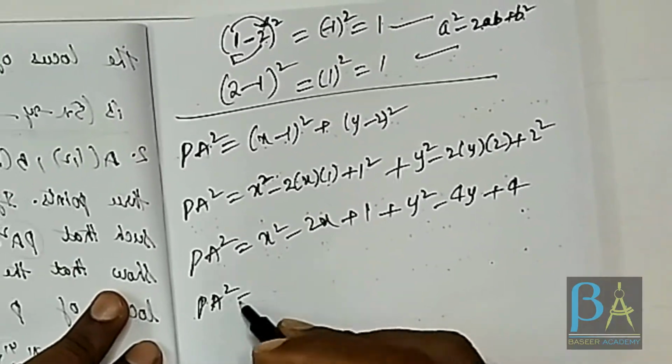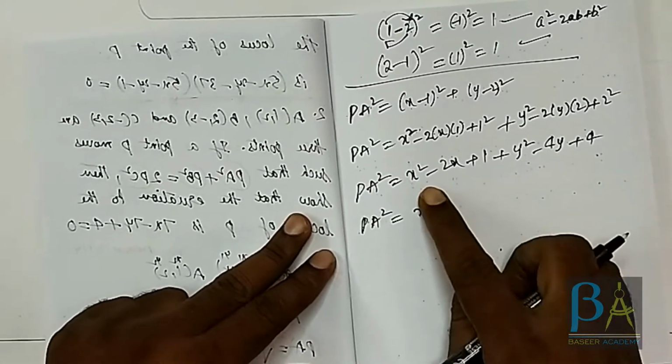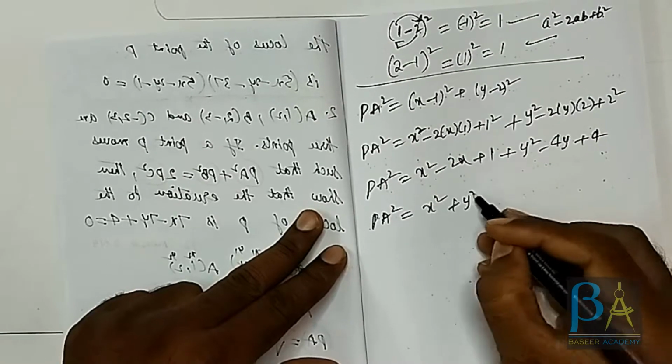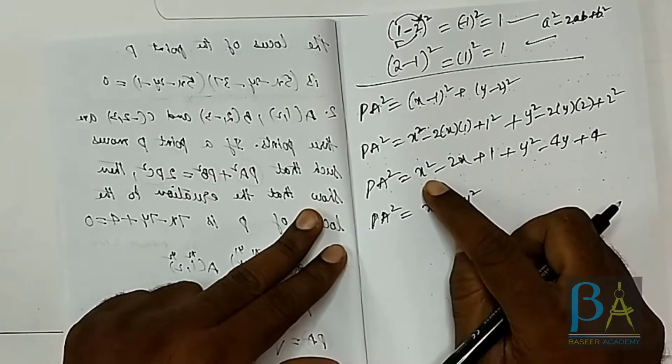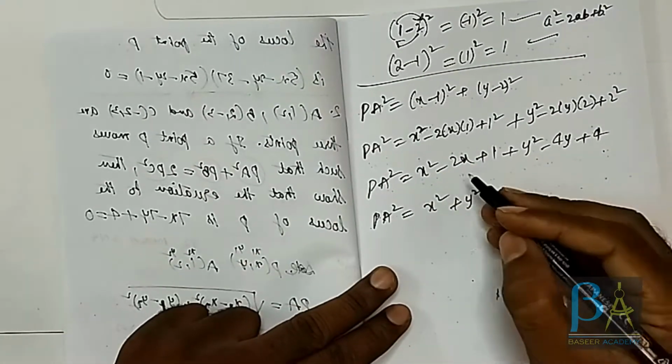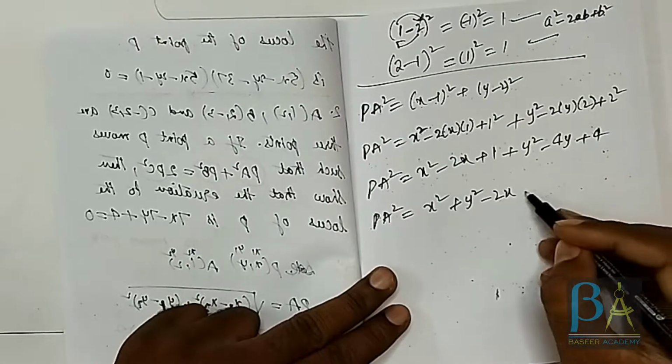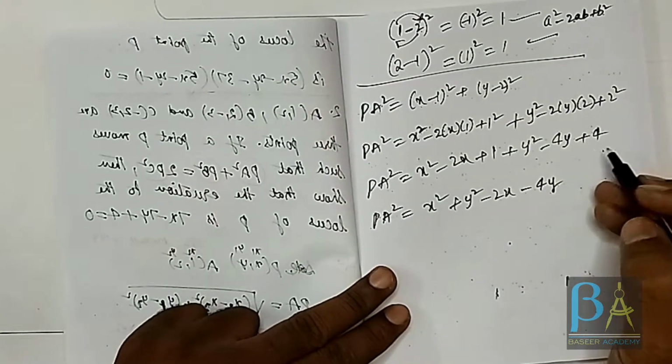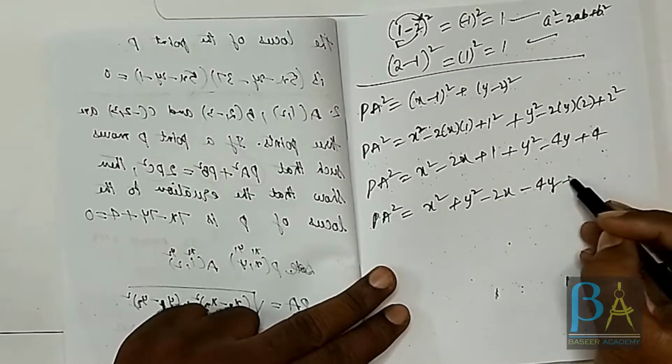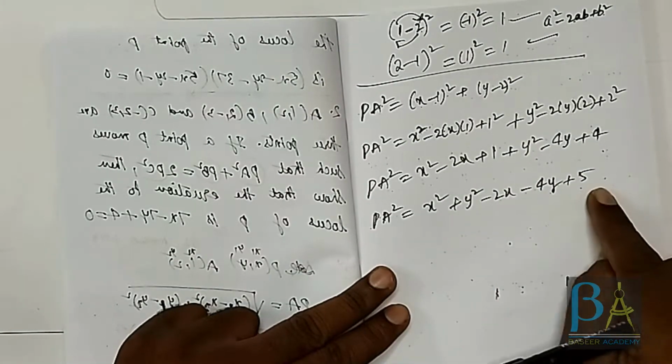So PA square is going to be x square plus y square. I'm just rearranging the terms. I'm writing the x square term first and then y square and then the x term and then the y term. Finally, I will write the constants 1 plus 4, that gives us 5. So this is PA square.